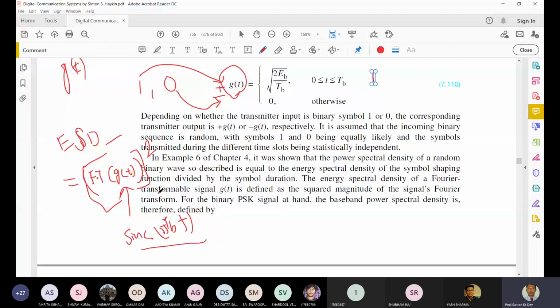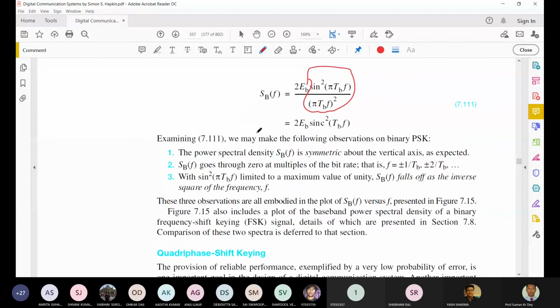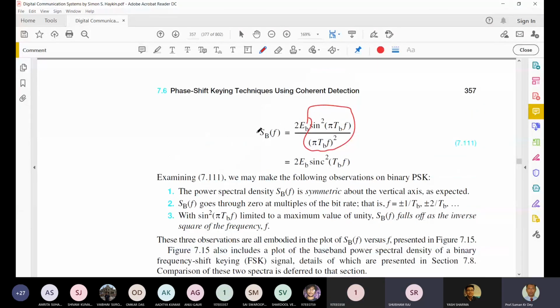When we do the squaring, we get the square terms over there. Is that clear? Yes, sir. Okay.